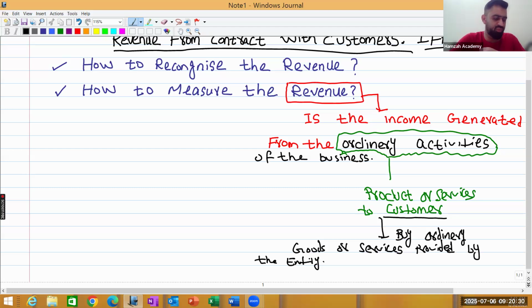But if a student buys an old laptop disposed of by the academy, he or she is a buyer, but not a customer. As per IFRS 15, a customer is a person who buys ordinary goods produced or services provided by the entity.